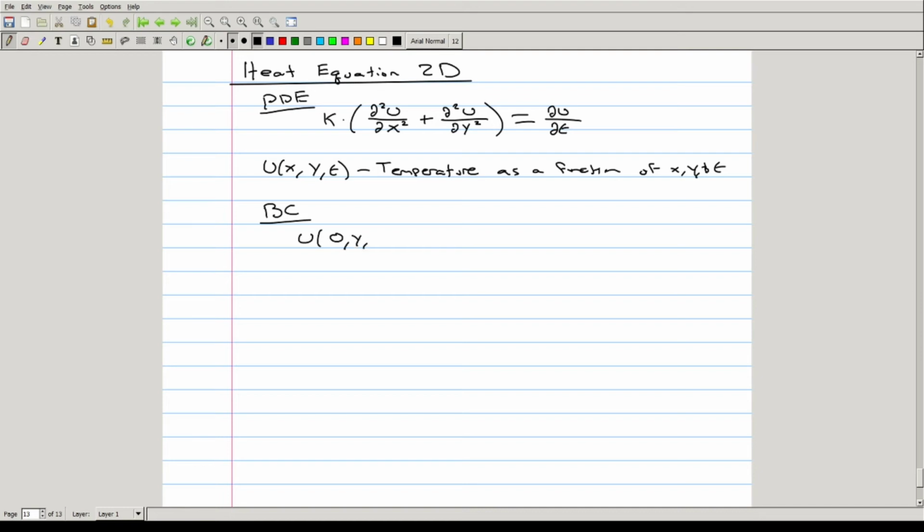And in a little bit, I'll show how to do the wave equation with slightly different boundary conditions. So for the 2D heat equation, we'll take the boundary conditions to be 0 at both boundaries, with the PDE being over the finite domain from 0 to B in x, and from 0 to C in y.